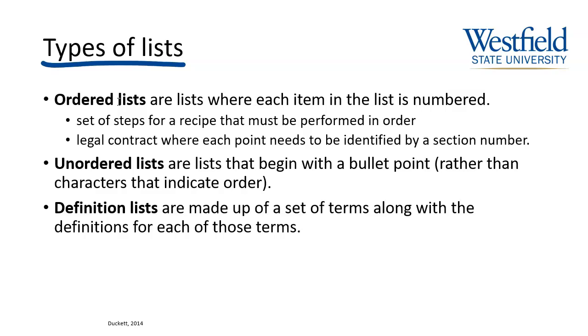So if you think of Microsoft Word, ordered lists are ones with numbers or letters, A, B, C, 1, 2, 3, and so on. And unordered lists are the ones with the icon for the bullet points.